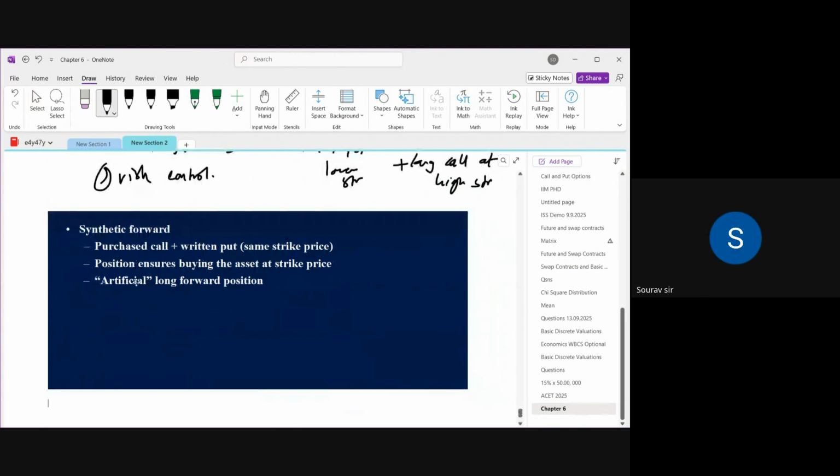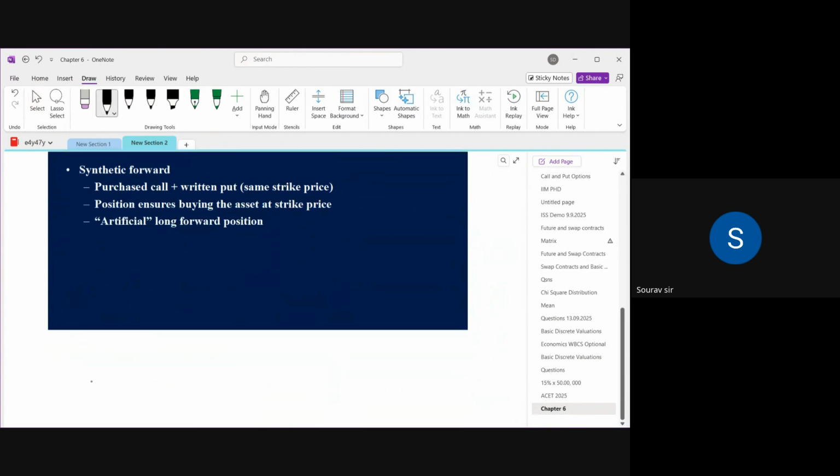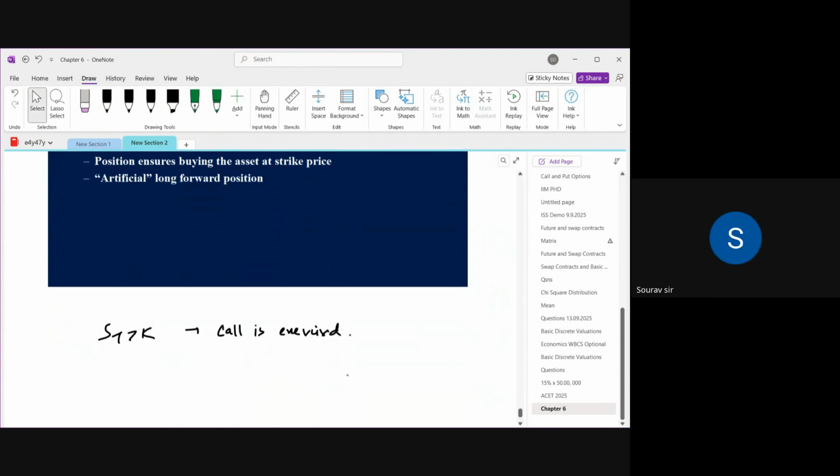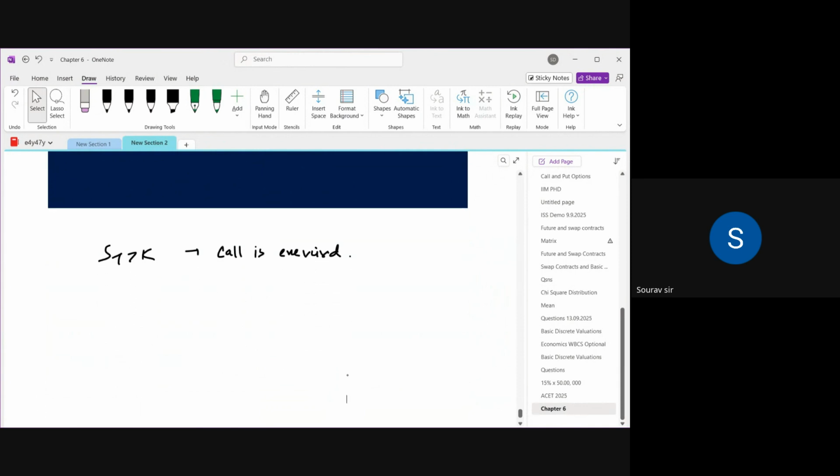How does it work? If stock price is greater than K, that means the call is exercised. So you buy the asset at strike K, and the put expires worthless, same as a long forward. And if stock price is less than K, then the call expires worthless, so the put is exercised against you.